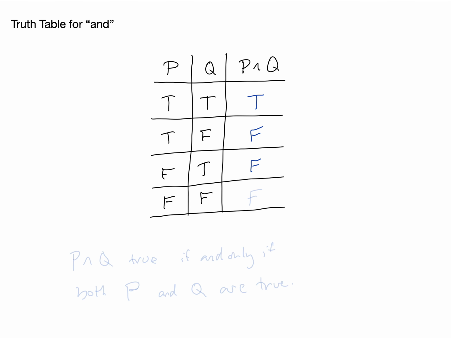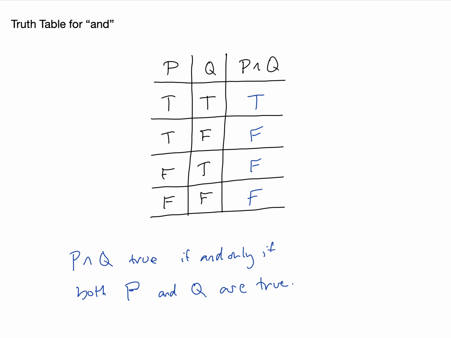If P is false and Q is false, then it is not the case that P and Q is true. P and Q is false. Both pieces are false, so this is false. So P and Q is true if and only if both P and Q are separately true.